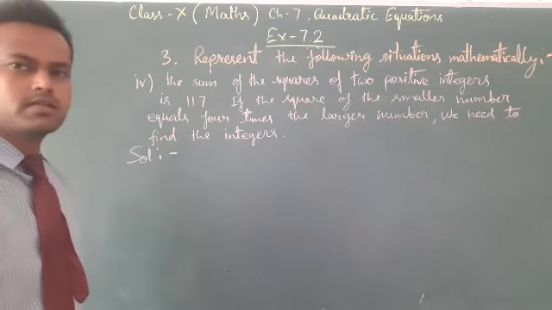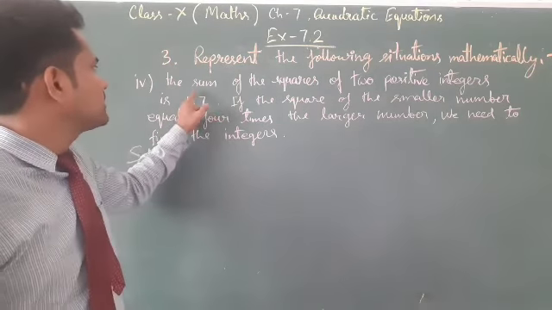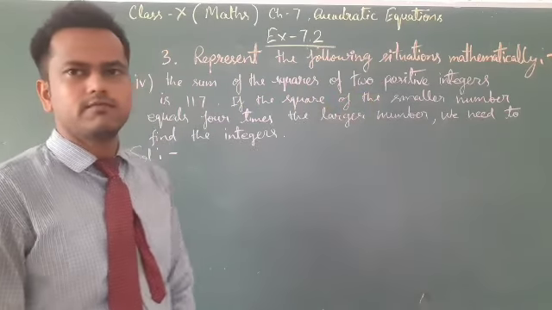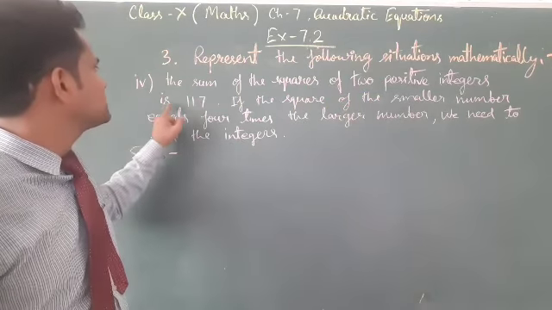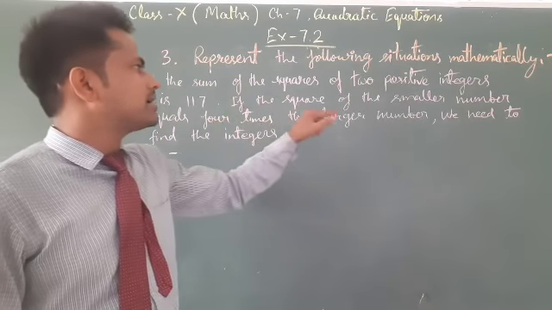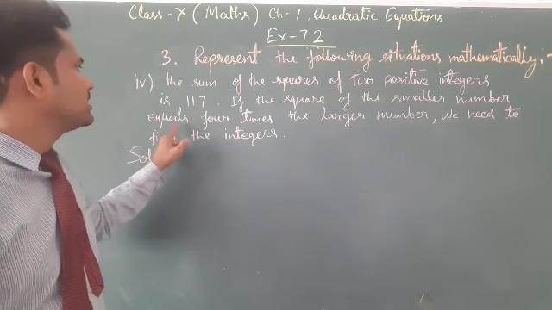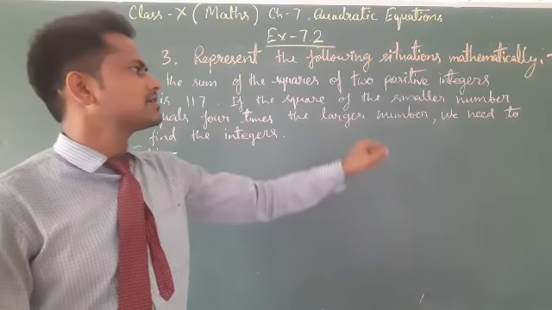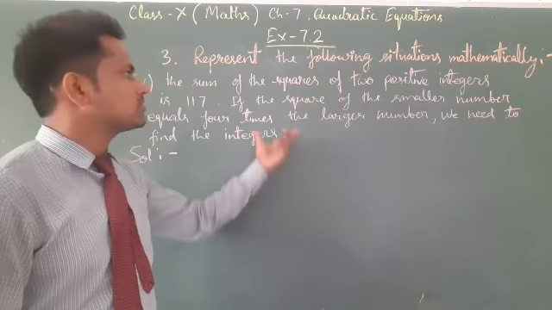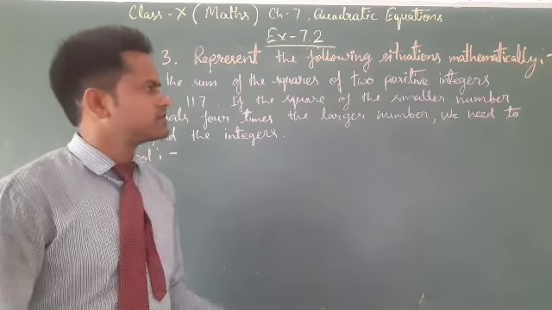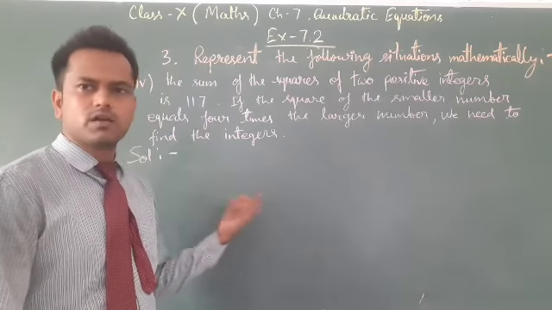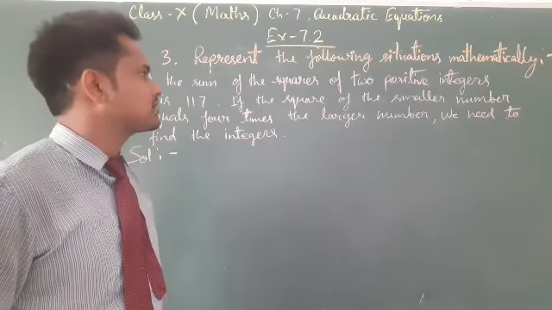Now question number 3: the sum of the squares of two positive integers is 170, if the square of the smaller number equals 4 times the larger number. We need to find the integers. So in this statement, first of all we have to find out the smaller number and the larger number.